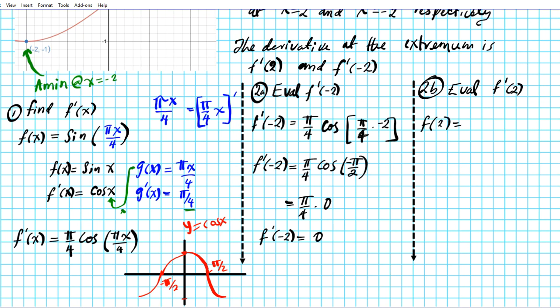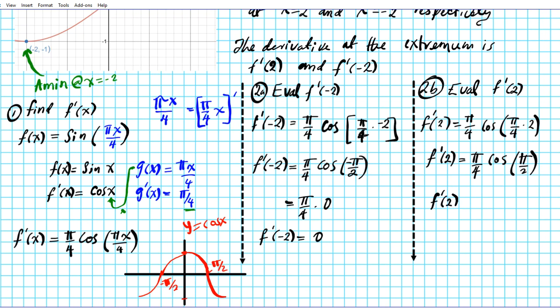Okay, so we're going to plug in 2 into the function. F prime of 2 is equal to pi over 4 cosine pi over 4 times 2. Alright, so this gives us f prime of 2 equals pi over 4 cosine pi over 2 if you simplify that. And if you look at the graph here, you can see that cosine of pi over 2 is also 0.